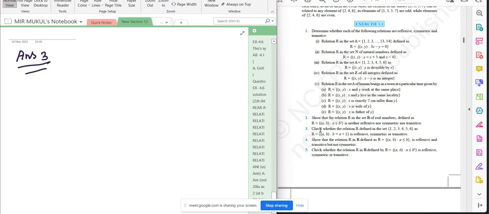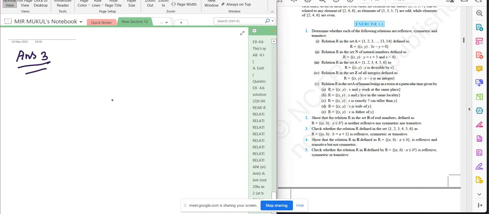Answer 3. Check whether the relation defined in the set {1, 2, 3, 4, 5, 6} as R equals {(a, b) such that b equals a plus 1} is reflexive, symmetric or transitive. Here also you have to check.